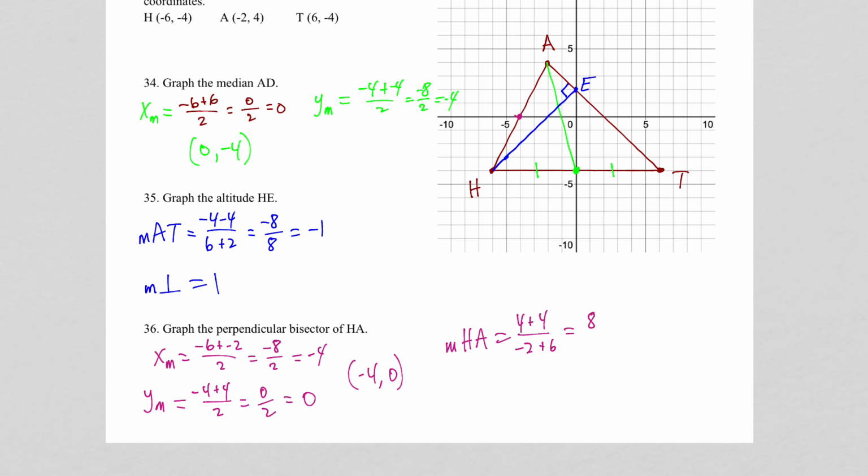This turns into 8 over 4, which is 2. So the slope of the perpendicular is the opposite, so negative, and then flip it upside down, so you get negative 1/2. Starting from that point right there, negative 1/2, I go down 1 but run 2. So that's the point right there.